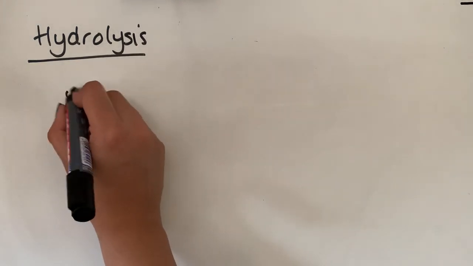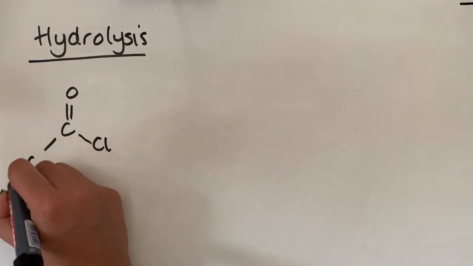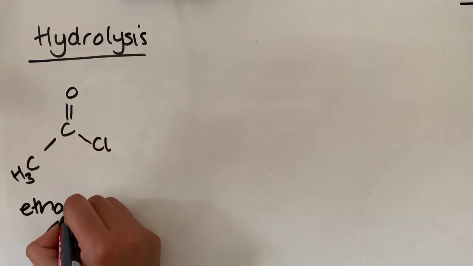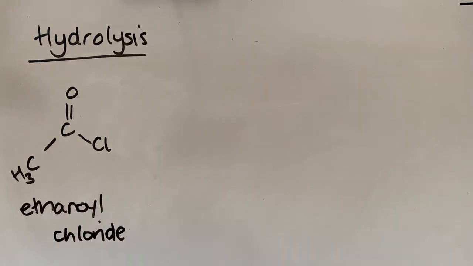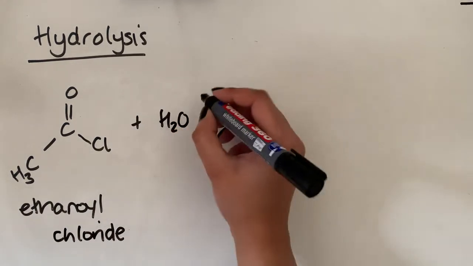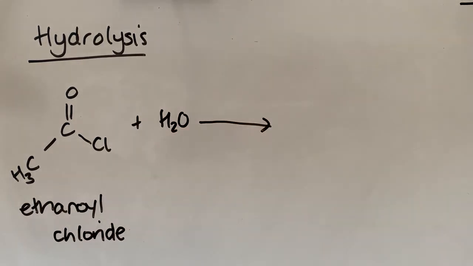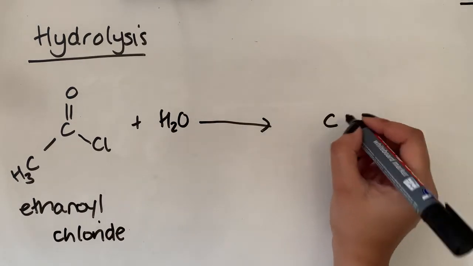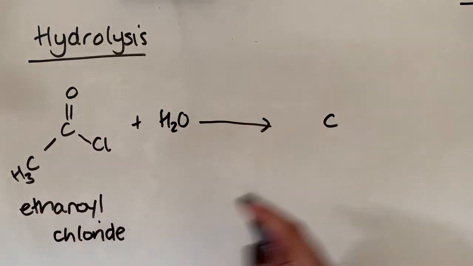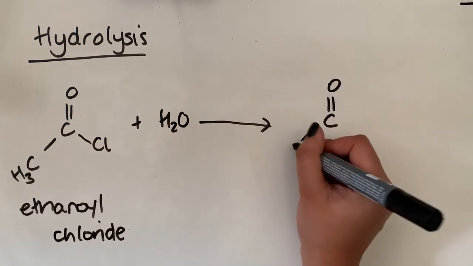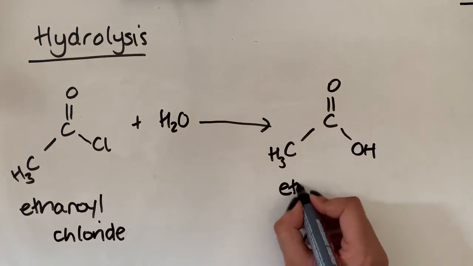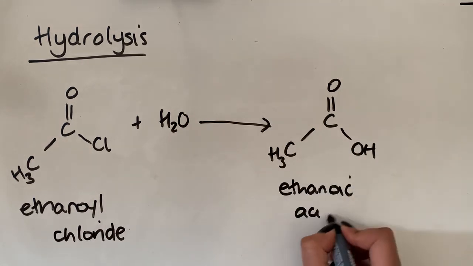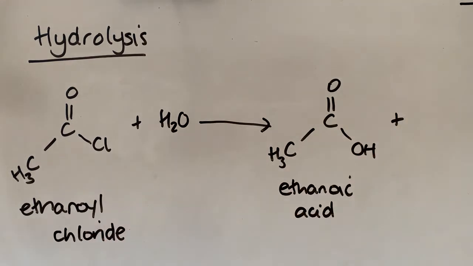So we just had ethanoyl chloride. And if we do the hydrolysis of this, in this case we're reacting it with water. The hydrolysis is going to break that bond there, and we're going to reform the carboxylic acid, in this case ethanoic acid, the parent carboxylic acid, and you are also going to release HCl gas as well.